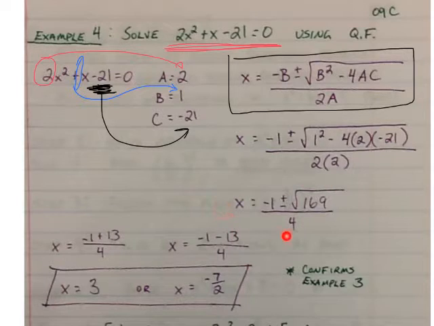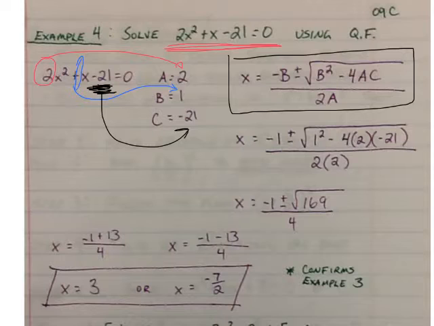And I crunch all of that out, being careful to adhere to the order of operations and getting the two negatives to become a positive and arrive at 169, and then I square root that and I get negative 1 plus 13 and negative 1 minus 13, finally arriving at the answers of 3 and negative 7/2, which confirms what I did in example 3.